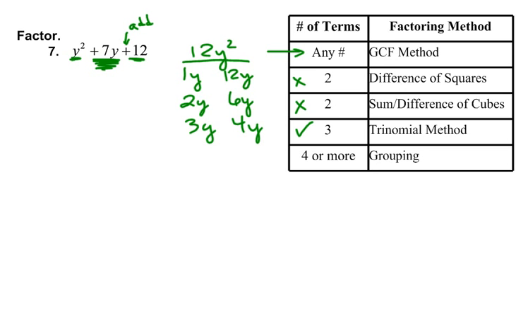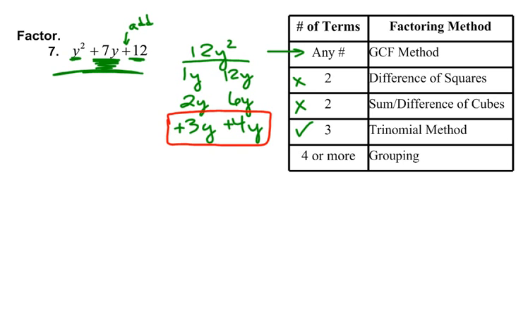So as we look through those options, we should be able to find a combination that will add together to make positive 7y. And I think if you look hard enough, you will find that 3y and 4y will combine to make positive 7y. So we're going to use a positive 3y and a positive 4y to make that positive 7y. So we're going to now rewrite this problem.